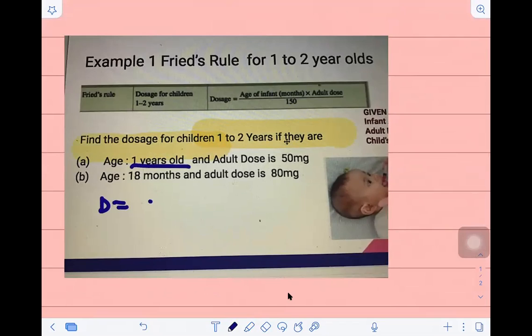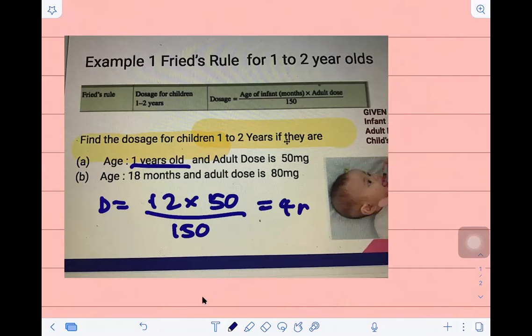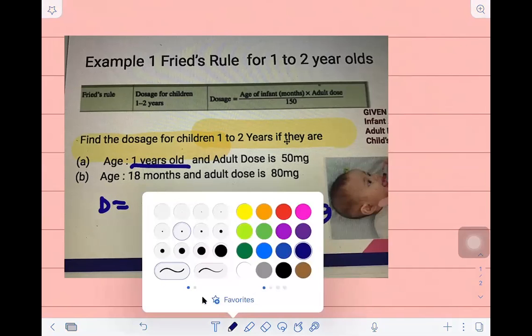If it's 1 year, it would be 12 times the adult dose. So the adult dose is 50, and then it will be 50 over 150. When you work that out, you will get 4 milligrams.